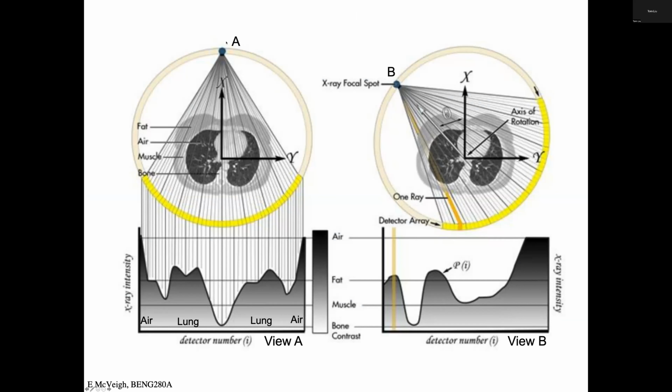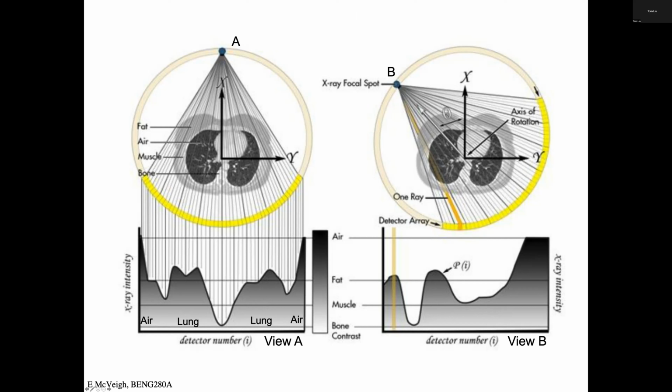Here's our source. The X-rays are going on these trajectories through the patient, and we simultaneously measure, for a particular time interval, we integrate up the X-rays that hit each detector element, and then call that our counts for that time.